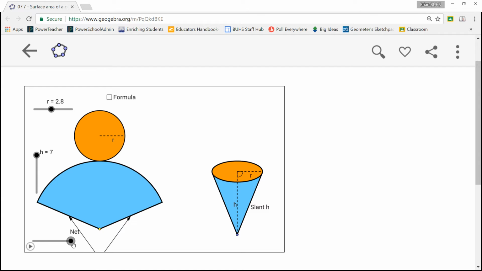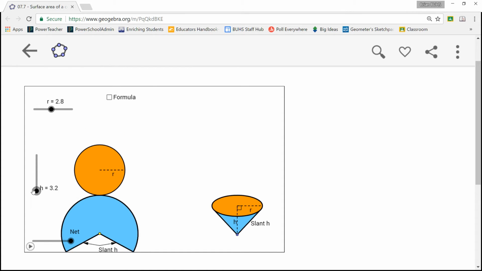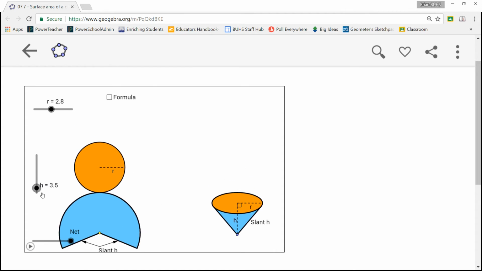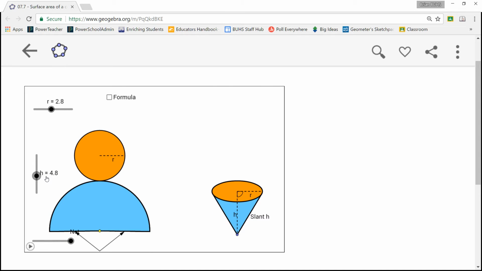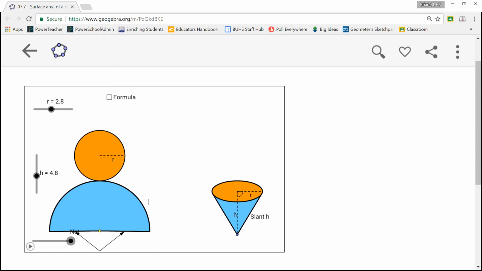Now, guys, what I want to point out is the shorter the height, the more Pac-Man that becomes. Now it's a person. We made a person. And actually, that's an interesting question, Aiden.